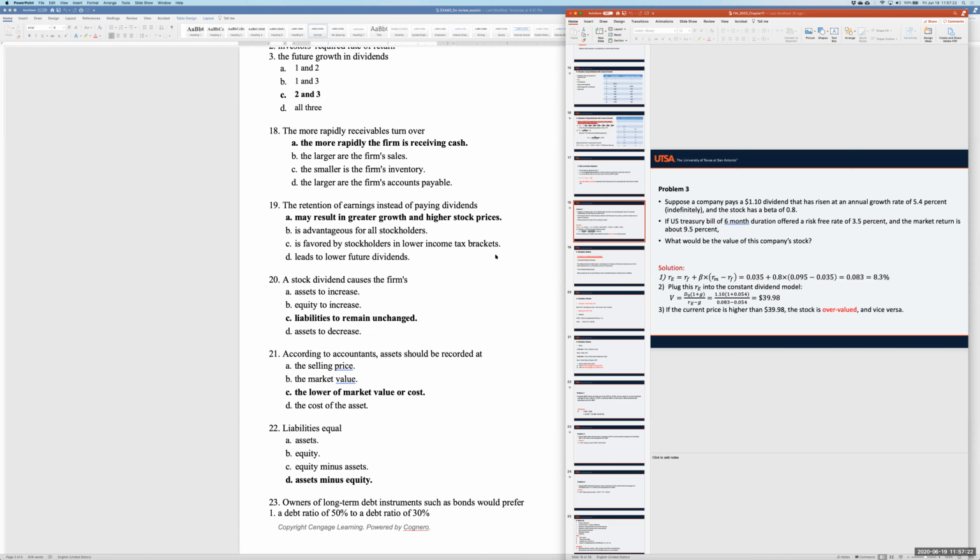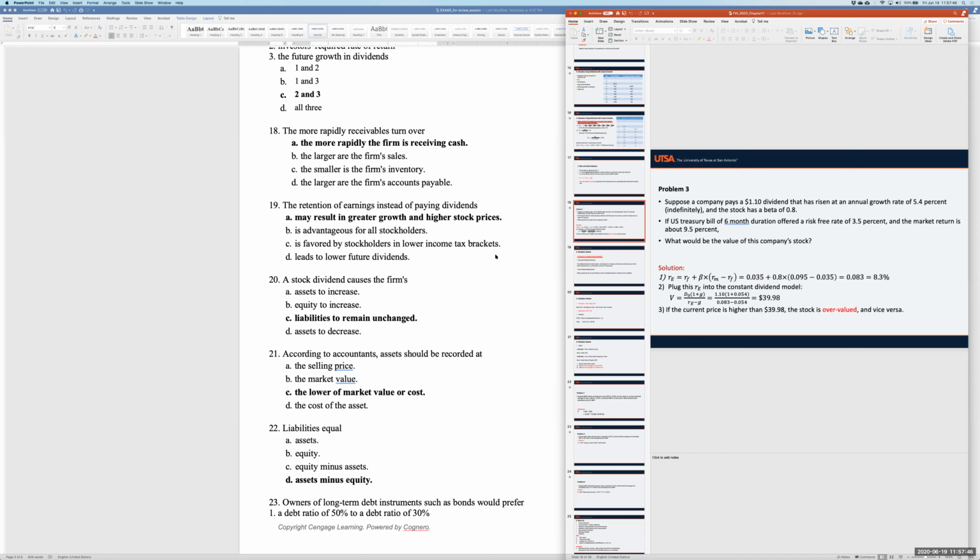Question 18, the more rapidly receivables turn over. Let's go back to the selected ratios and definitions table and find the receivables turnover ratio, which is one of the top ratios shown in the table. And the more rapidly receivables turn over, the more rapidly the firm is receiving cash.